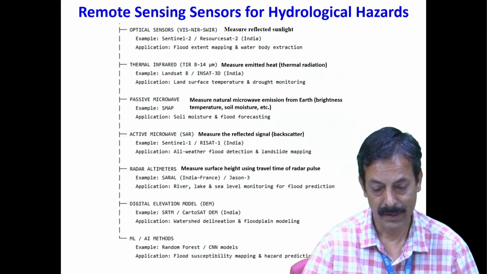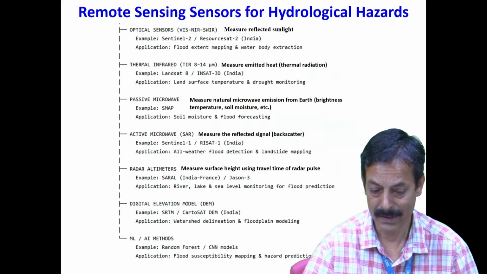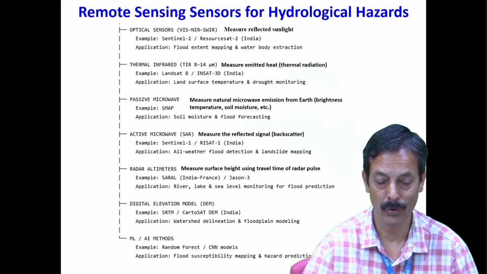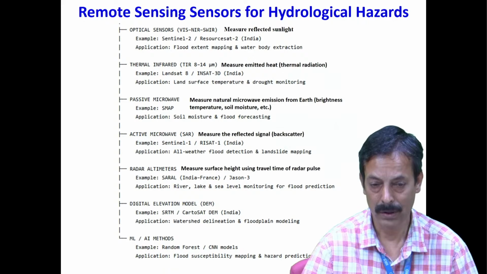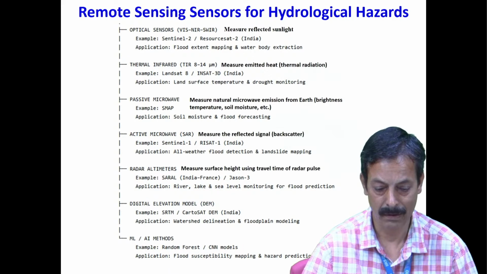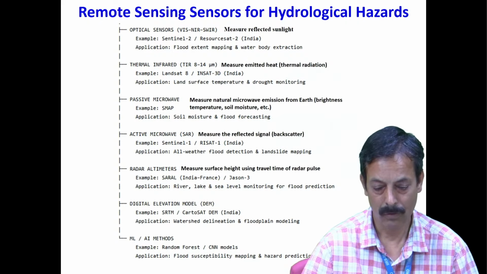And recently, machine learning and AI methods are not directly sensors, but they help us see the patterns, and how things are happening under each pixel, and then allow us to produce maps of vulnerability or hazard prediction.